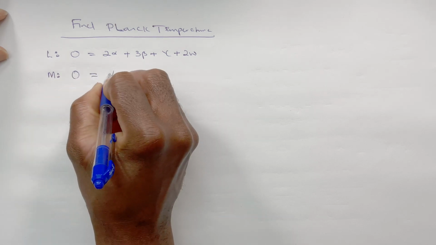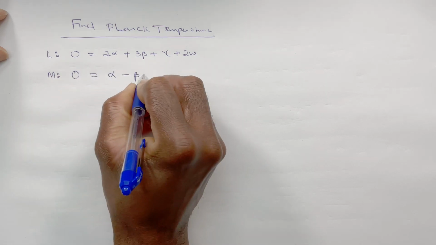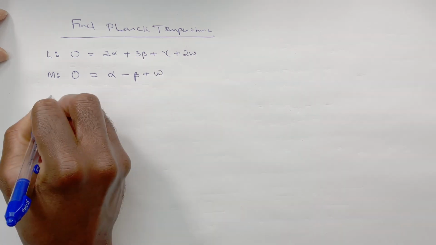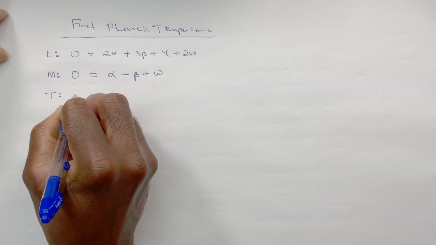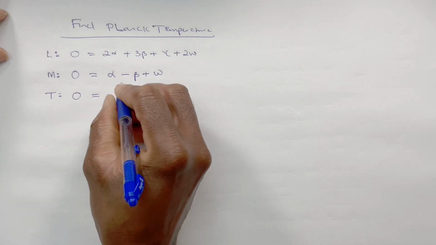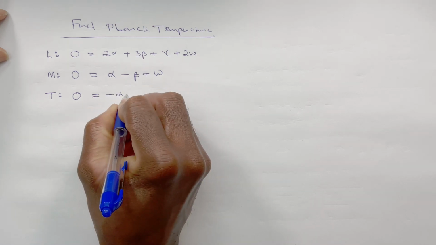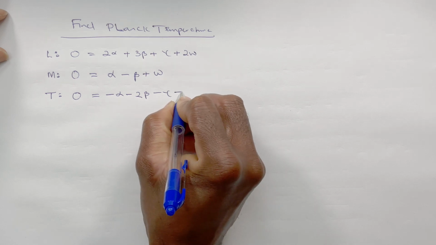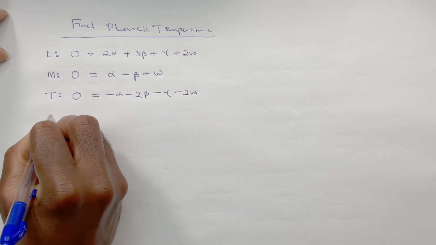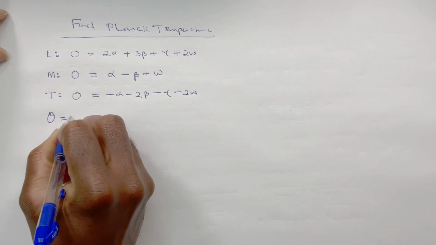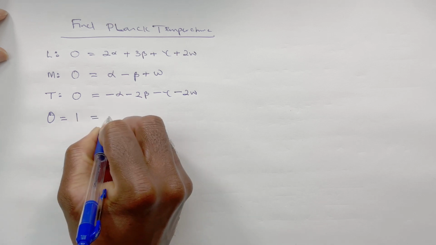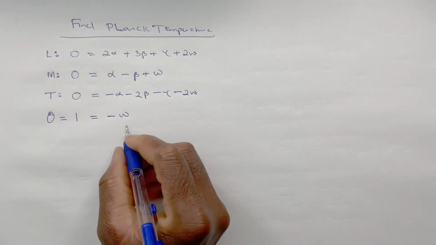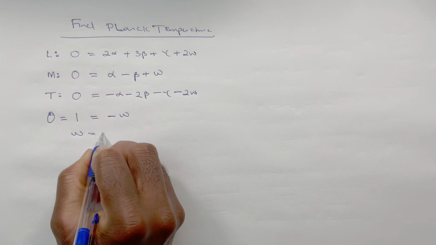That will be alpha minus beta plus omega. For time, because we're not looking for time, that's 0 equal to minus alpha minus 2 beta minus gamma minus 2 omega. And finally, for temperature, we're looking for that, so that will be 1 equals minus omega, which implies that omega is minus 1.